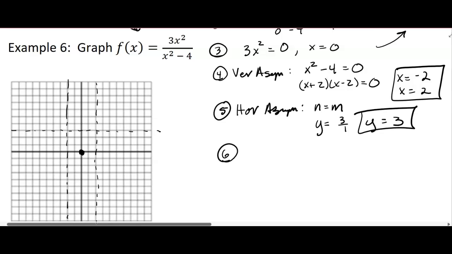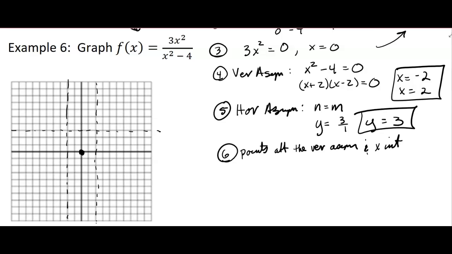So you can see the asymptotes kind of divide this into different sections. So we want to find points about the vertical asymptotes and the x-intercepts. That'll tell you which direction things are going. So we can look at that.